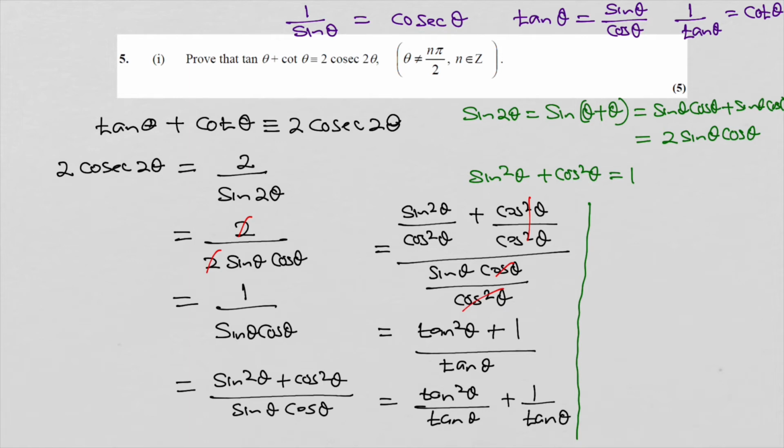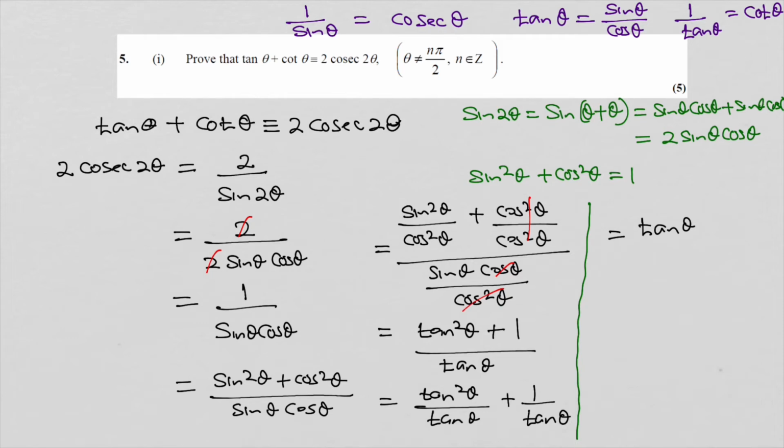So now we can see what would happen there. So tan squared theta, we cancel 1 tan theta in the denominator, so you're just going to get tan theta, because that's tan theta squared, and the denominator is just tan theta.